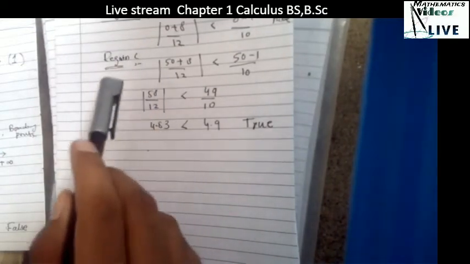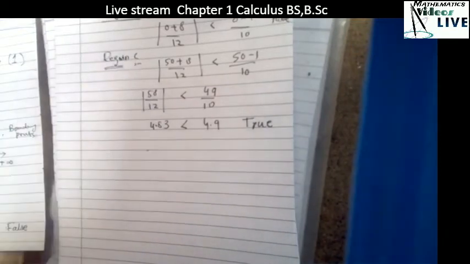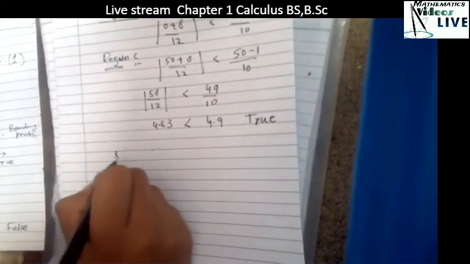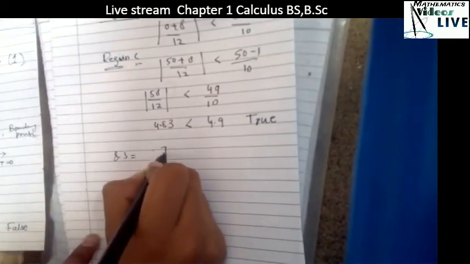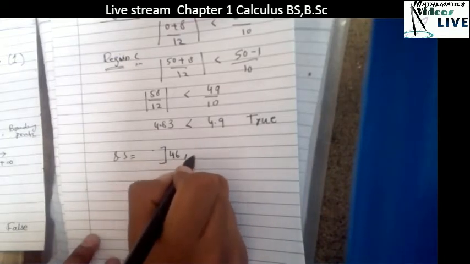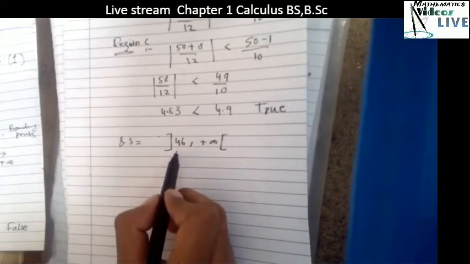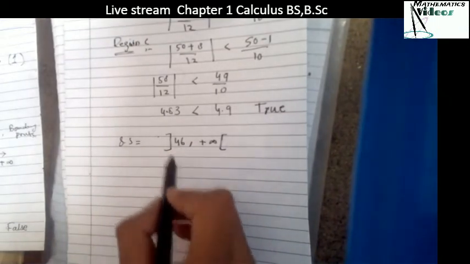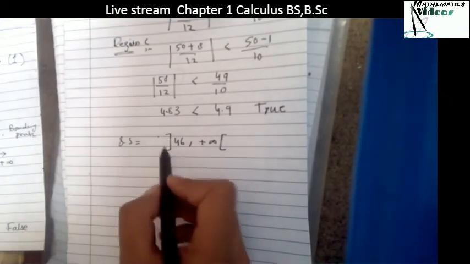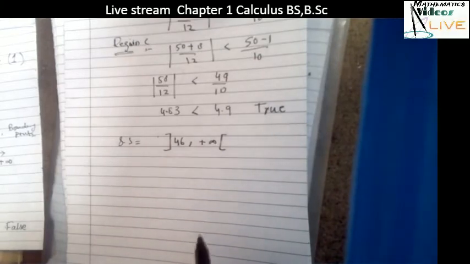This is 4.9, and what is the answer of 58 divided by 12? This is equal to 4.83, and this number is obviously smaller than this, therefore it is true.